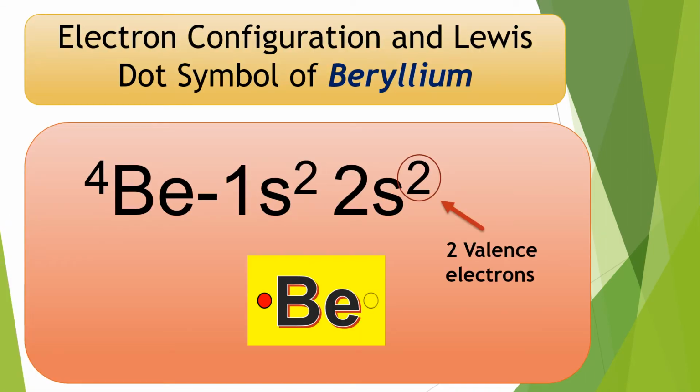Electron configuration and Lewis dot symbol of beryllium. Beryllium belongs to family 2, so it has 2 valence electrons and it has atomic number 4 or 4 electrons.